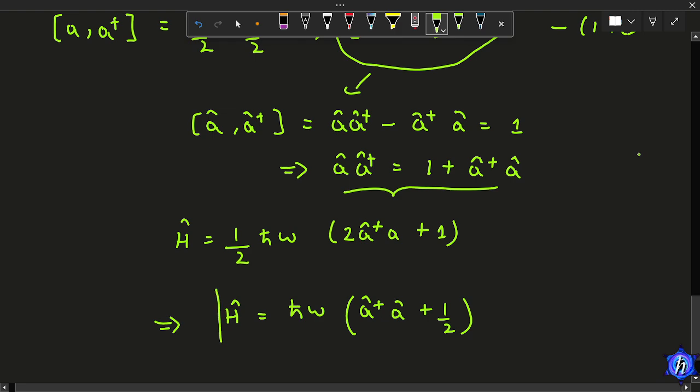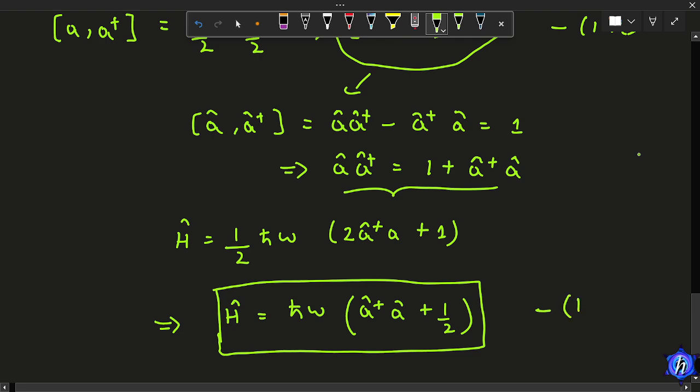So this is my Hamiltonian operator for the one-dimensional oscillator, even simplified. This is even more simplified than the previous one. This is awesome, right?